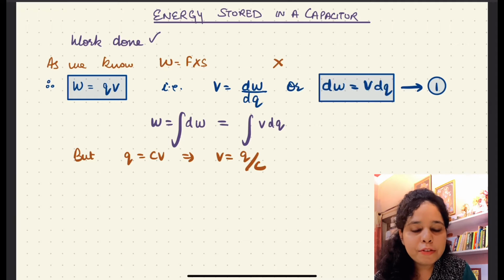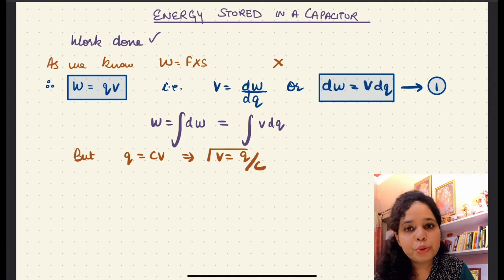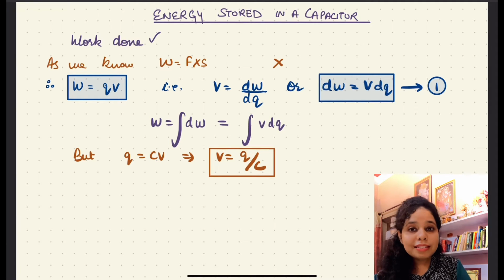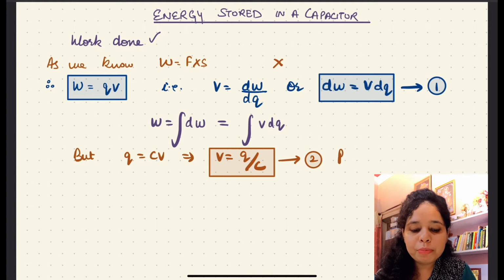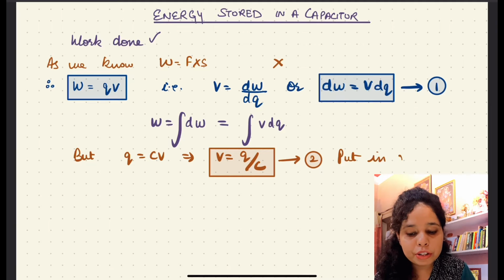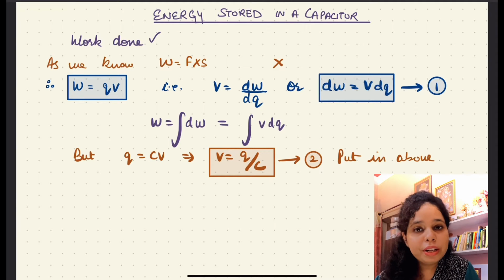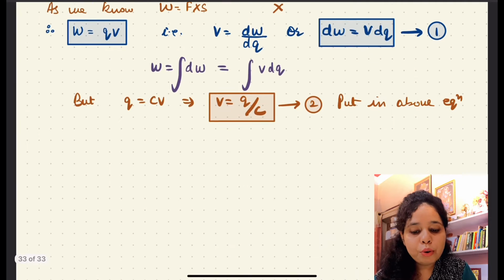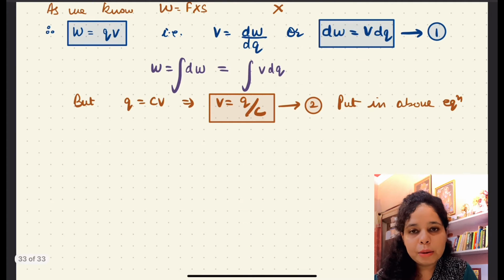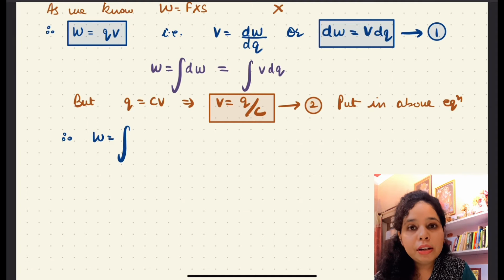So we have from this equation V is equal to q upon C. This is equation 2, and it could be substituted in the above equation, that is W is equal to integral V dq. By putting this value of V, we have W is equal to integral q upon C dq.